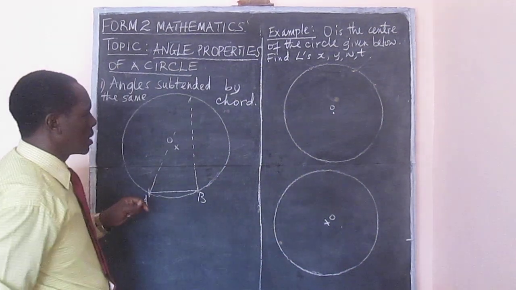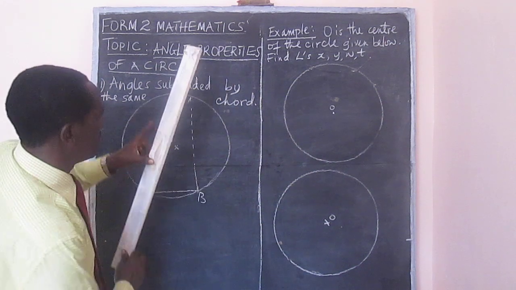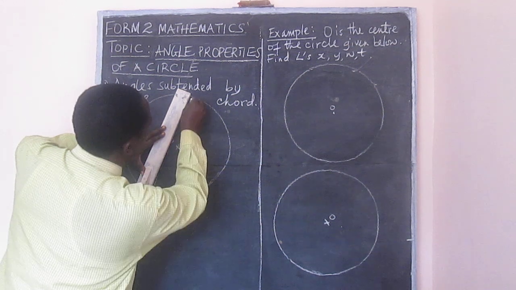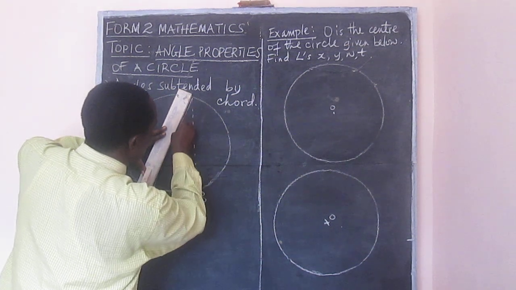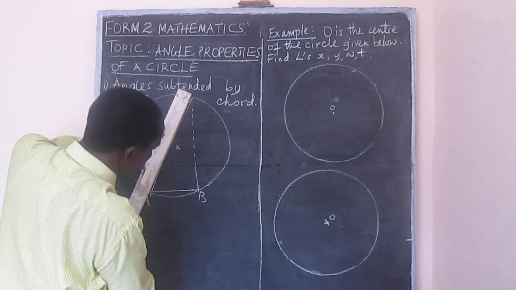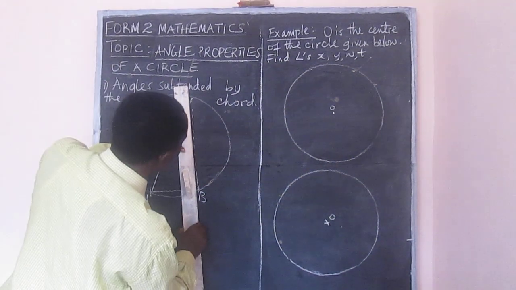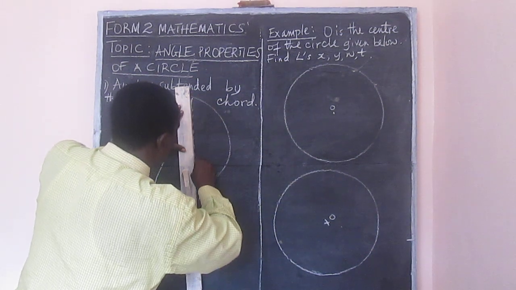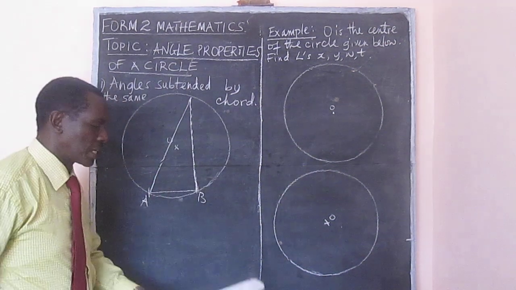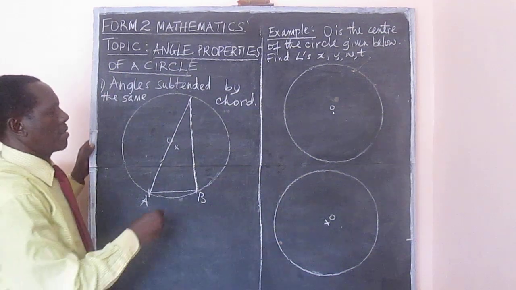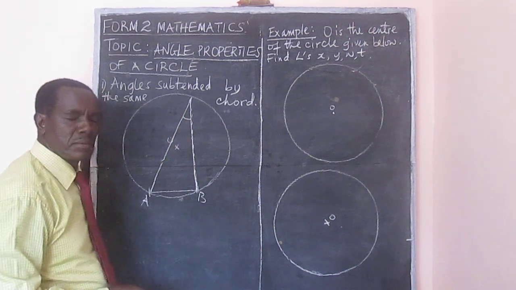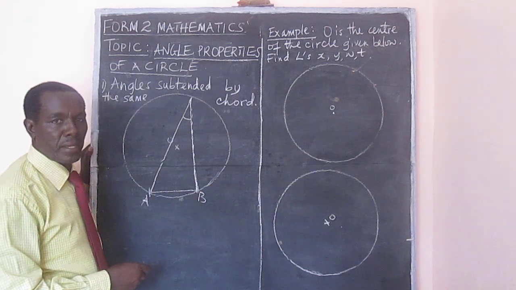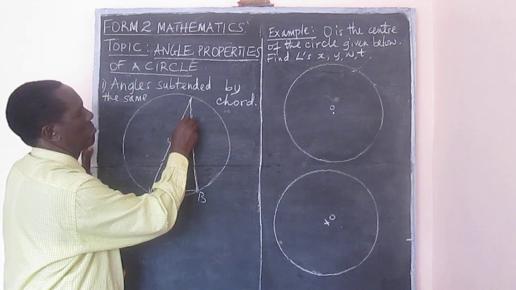So the angle that we have on the circumference of this circle, we say is subtended by the chord AB. Not a very straight line there, but I think we can see that the angle here is subtended by the chord AB. We can call this angle X.